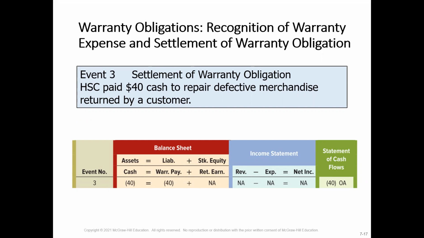That account we actually decrease whenever we have a warranty claim; our payable is decreased by the amount of that claim. So we would have expended $40 of our estimated $100 of warranty payable in the form of this customer's claim.